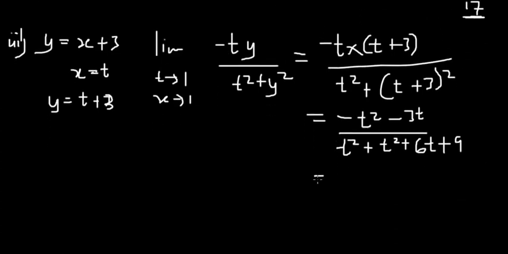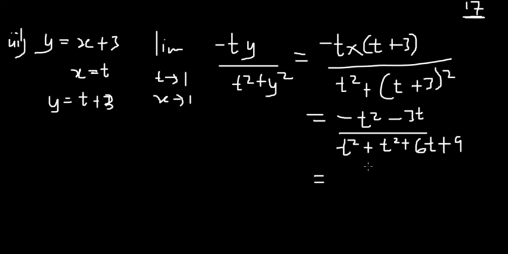So I just expanded this. It's quadratic, so we'll end up with a quadratic expression. We have t squared, and then t times 3, that's 3t, multiplying 2, that's 6t, and then we have 3 squared, that's 9.